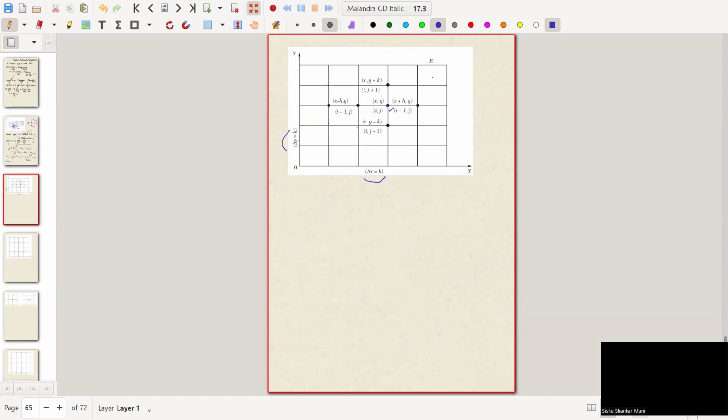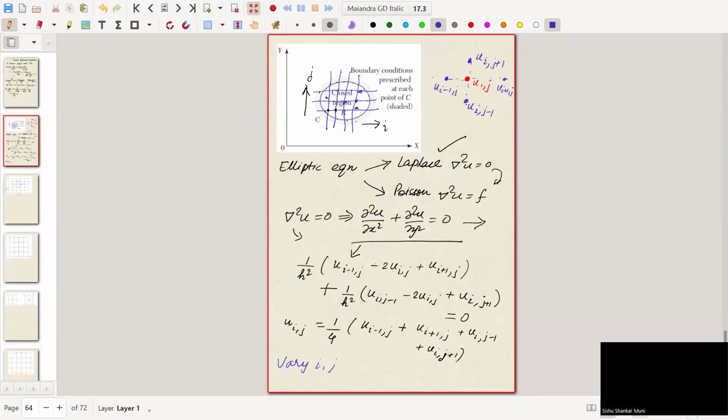Am I right? You don't have to find the values at the boundary because the values at the boundary will always be given to you. Boundary should be given to you. Okay, so this is sometimes known as the standard 5-point formula.